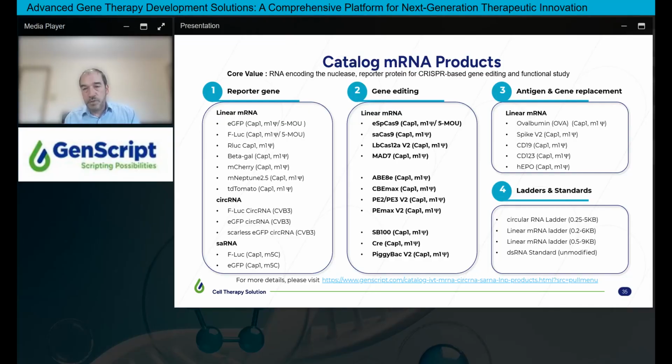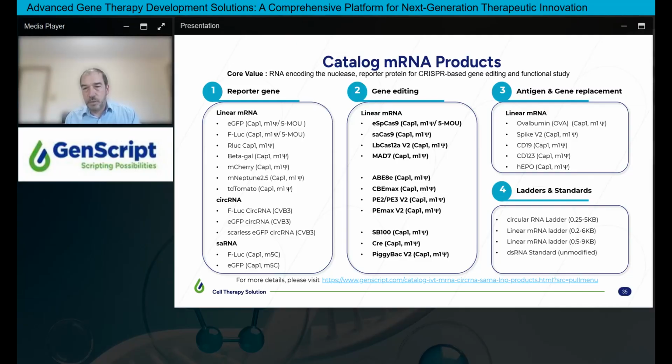In addition to the services, we also have some off-the-shelf products that you can use for your testing. For example, we have a number of reporter genes in linear mRNA format, in circular RNA or saRNA. We have also gene editing enzymes already off the shelf in mRNA format, in linear and some circular format, for a number of them: ESP-Cas9, SA-Cas9, Cas12.